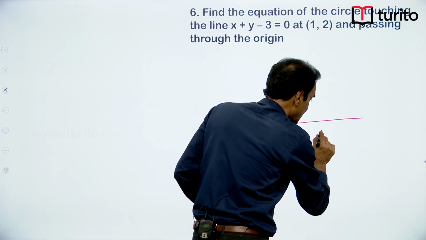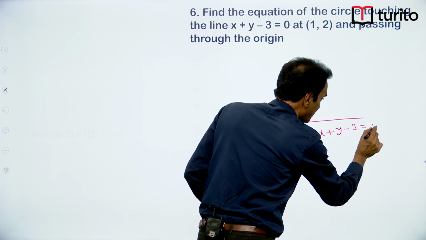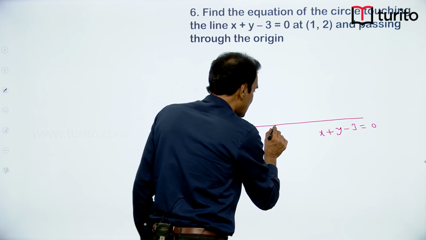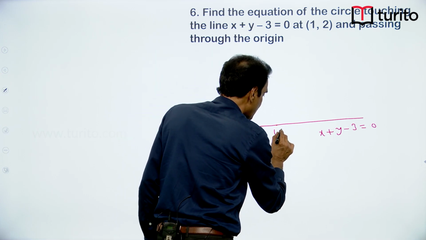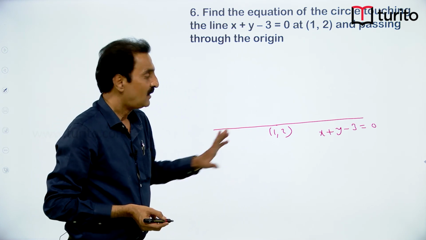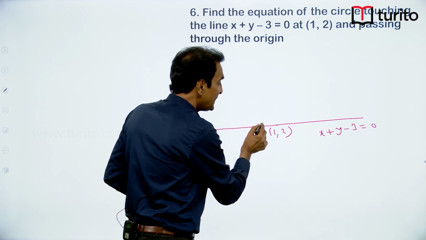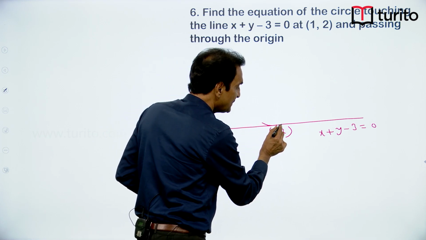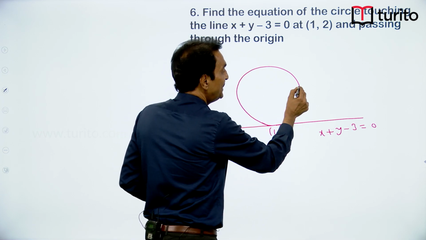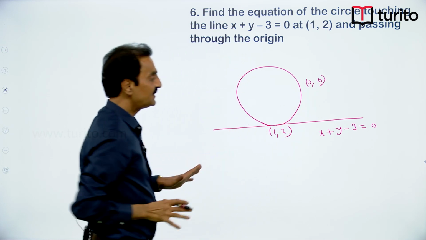This line is x plus y minus 3 is equal to 0 and 1, 2 is on this line. Now draw a circle touching this line at 1, 2 and passing through the origin. I want this circle.